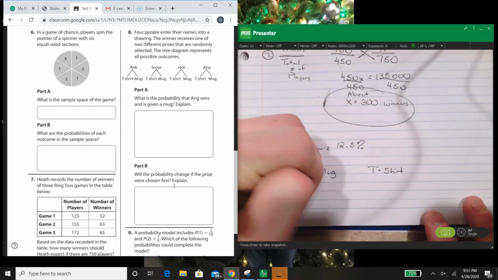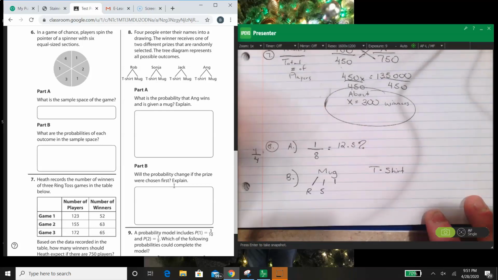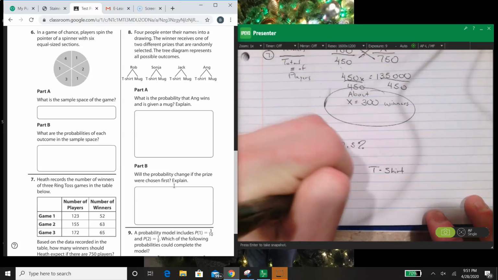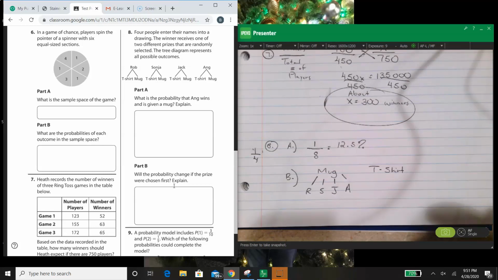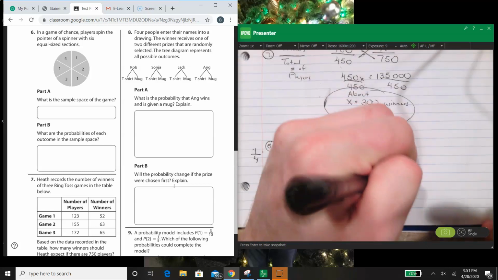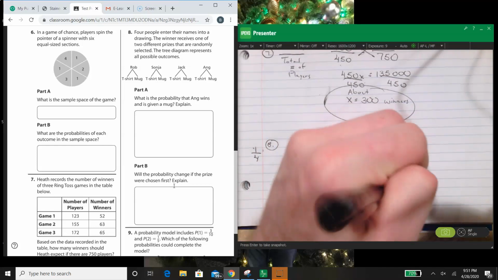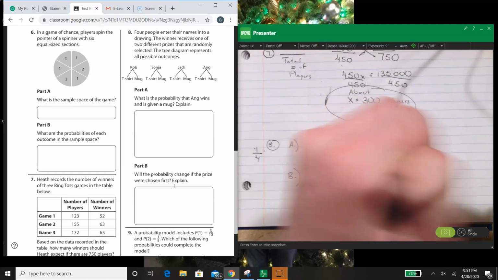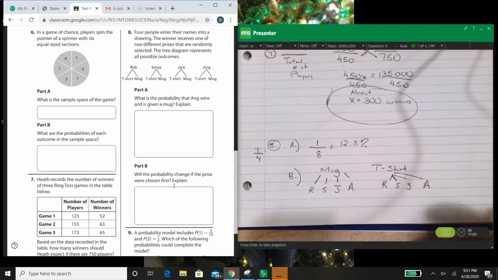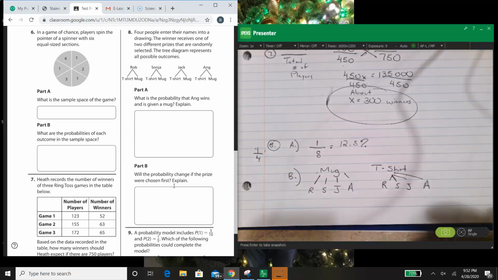And that would be Rob, Sonia, Jack, or Annie. If I had the t-shirt, how many people could win the t-shirt? It could be Rob, Sonia, Jack, or Angie. So I've got my new tree diagram where this time the prize is in the first row.